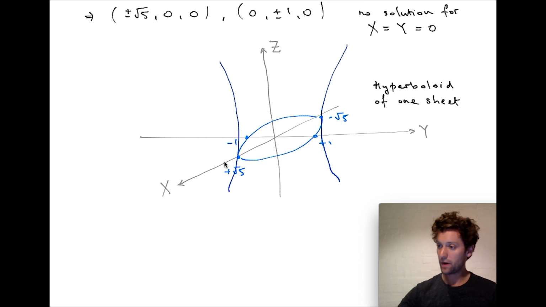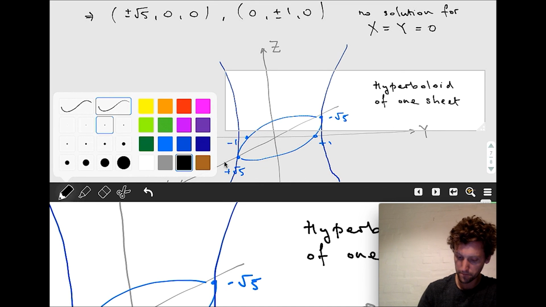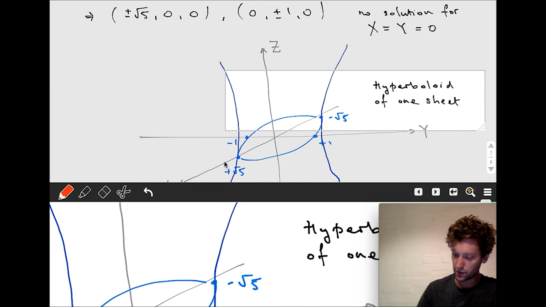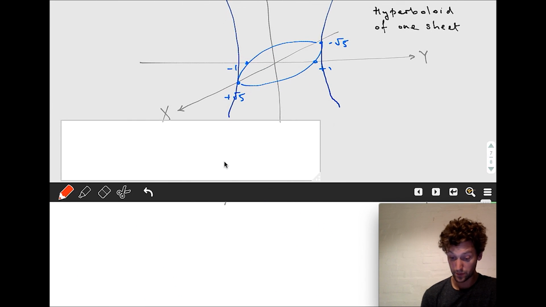Now, in the next part of the problem, we're asked to calculate the orthogonal matrix P that transforms from my old coordinates to my new coordinates. Now, to do that, I'm going to calculate the eigenvectors. So, again, I will just give you those eigenvectors. I'll leave it to you to calculate, to show that they are indeed those values.